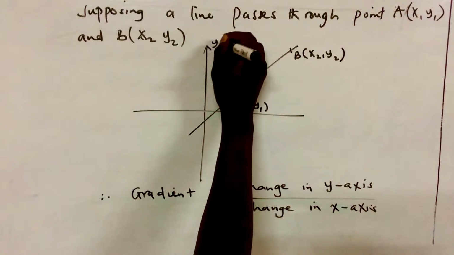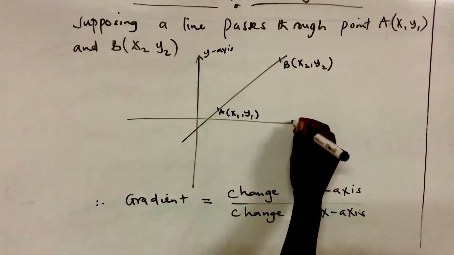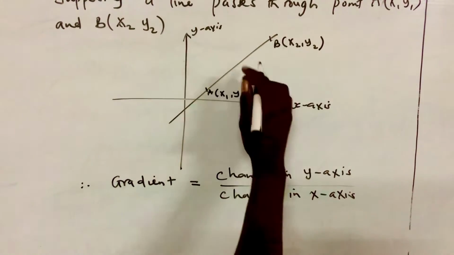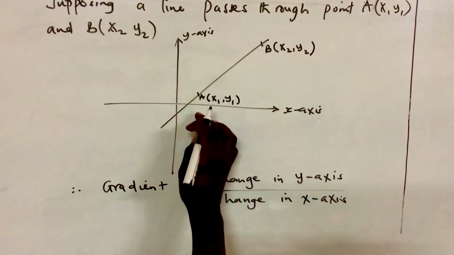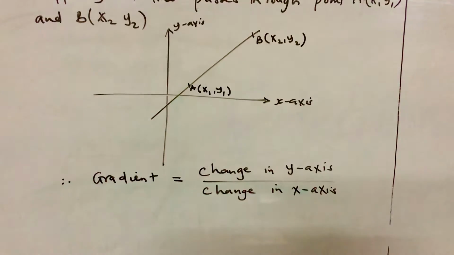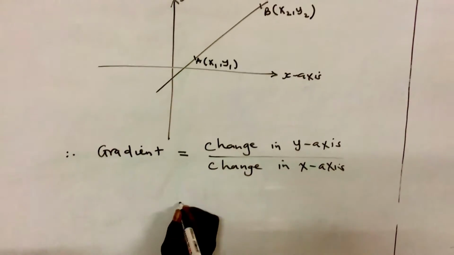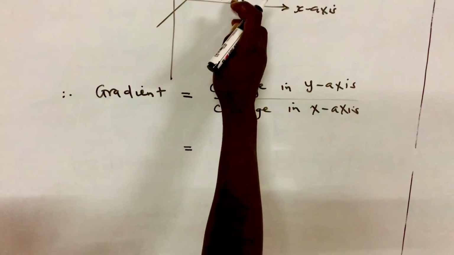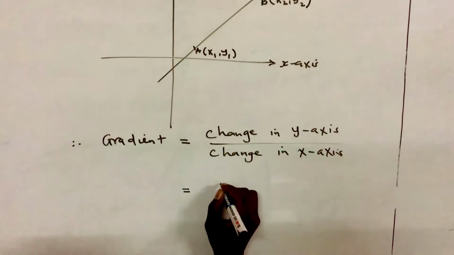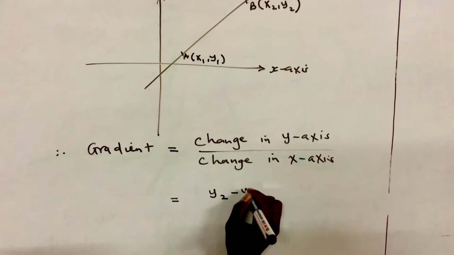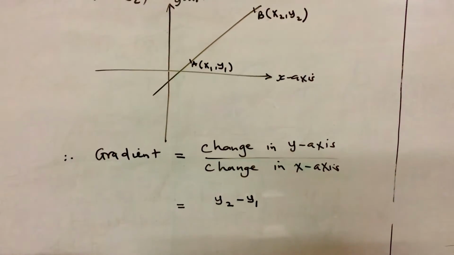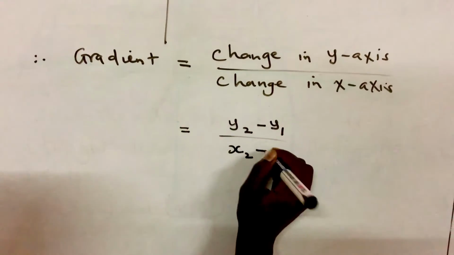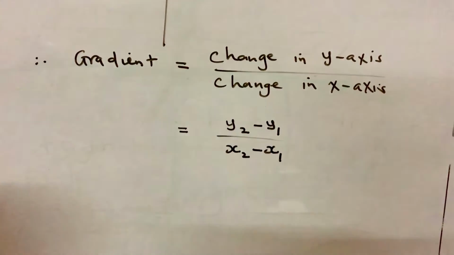So this is our y-axis and this is our x-axis. The y is increasing and also the x is increasing. Since y changes, it moves from y1 up to y2, so it becomes y2 minus y1 to see the change in y, over x2 minus x1.